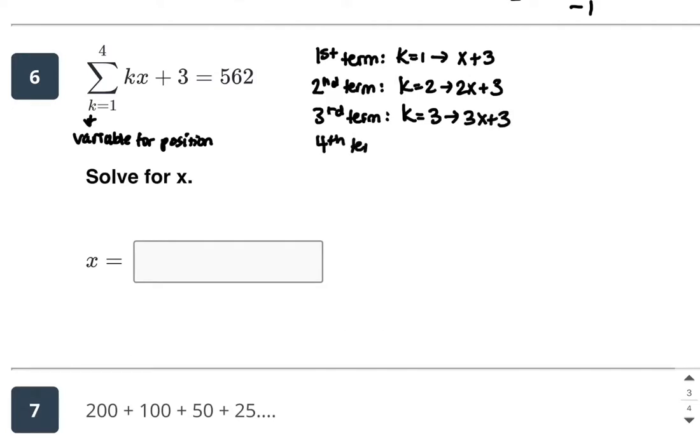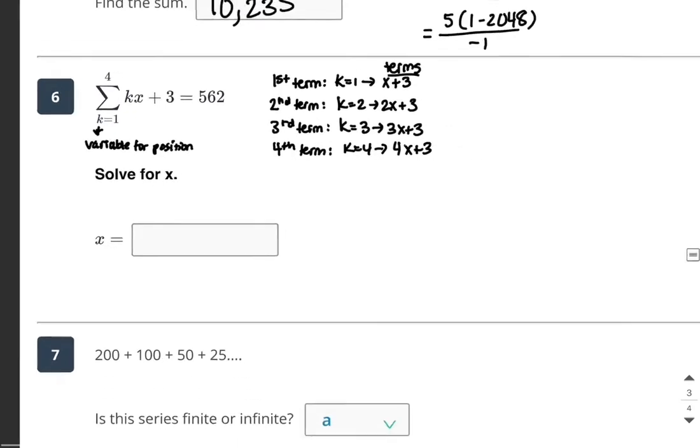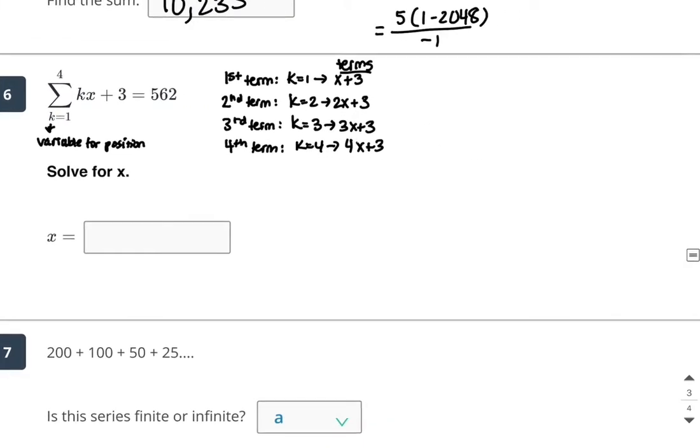And then for the fourth term, I'll have k is equal to 4, which means 4x plus 3 is my term. These are my actual terms. I want to add these up. And when I add them up, the summation is 562. So the sum of those terms is 562.